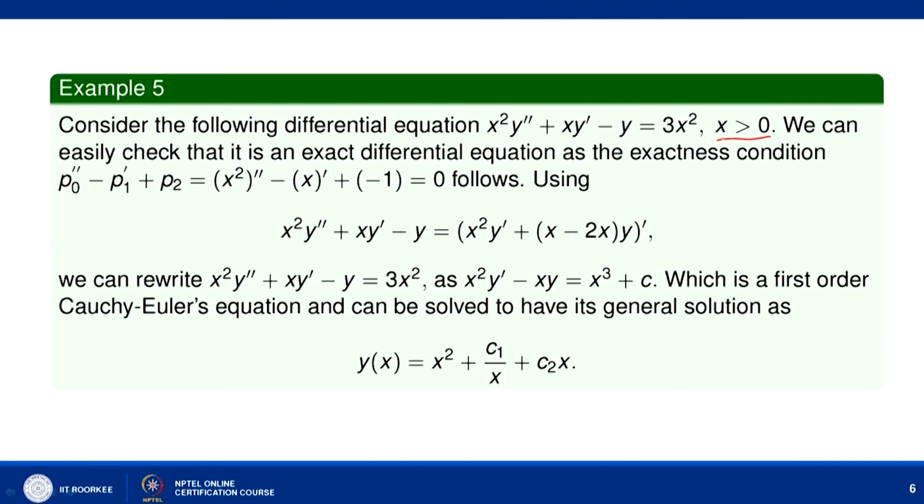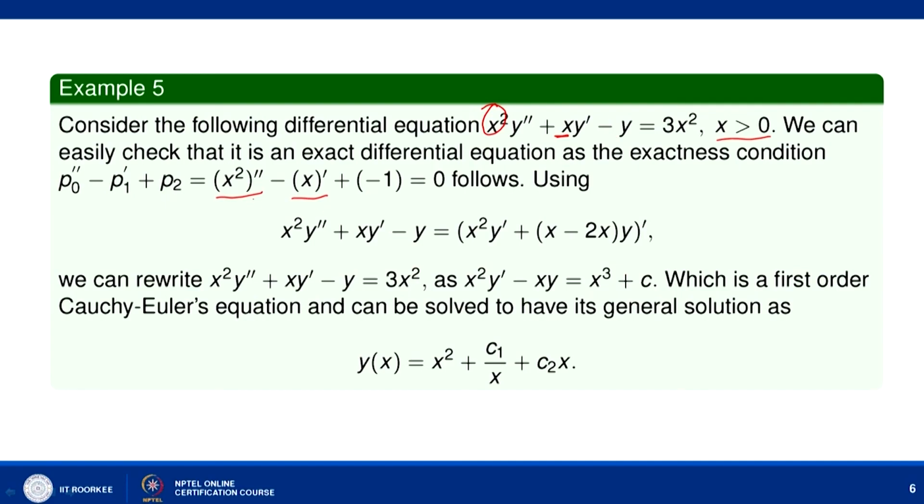Now we can easily check that it is an exact differential equation, because the exactness condition is p naught double dash minus p1 dash plus p2. Let us calculate this quantity. Now p naught is the coefficient of y double dash, that is x square. Find the double derivative, that comes out to be x square double dash, minus p1 dash, where p1 is the coefficient of y dash, so minus x dash, plus p2, the coefficient of y, that is minus 1 here.